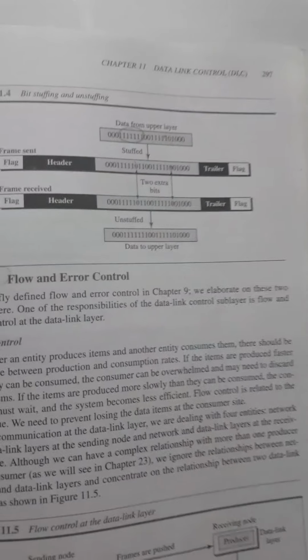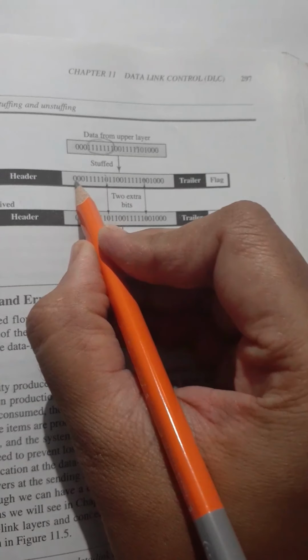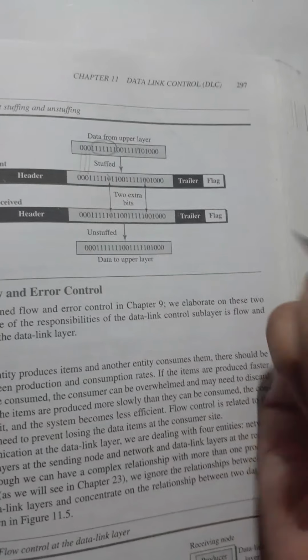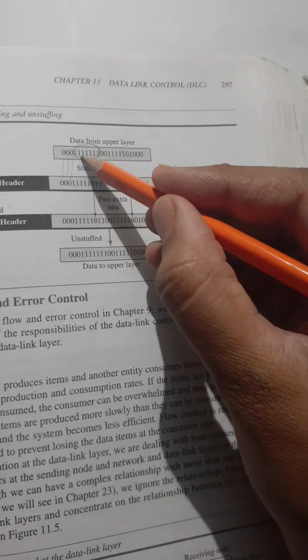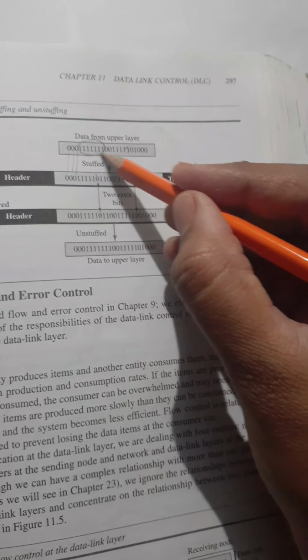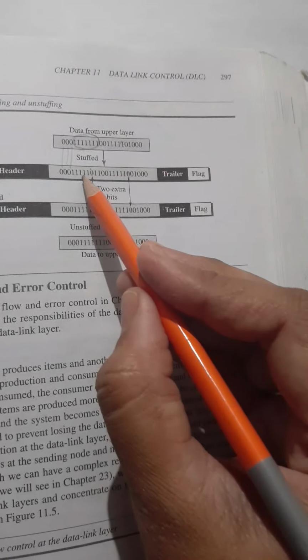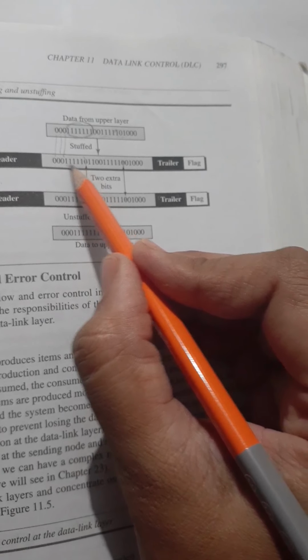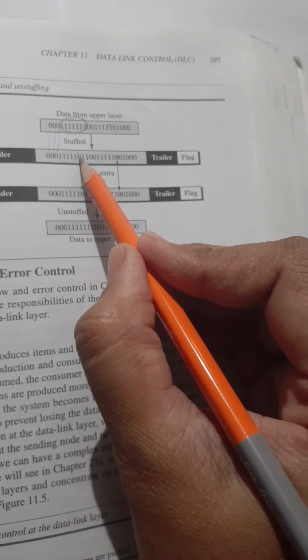If you observe, the 3 zeros are sent as they are. We have 7 ones in the data, but in stuffing, whenever 5 consecutive ones are encountered, a 0 bit is stuffed.